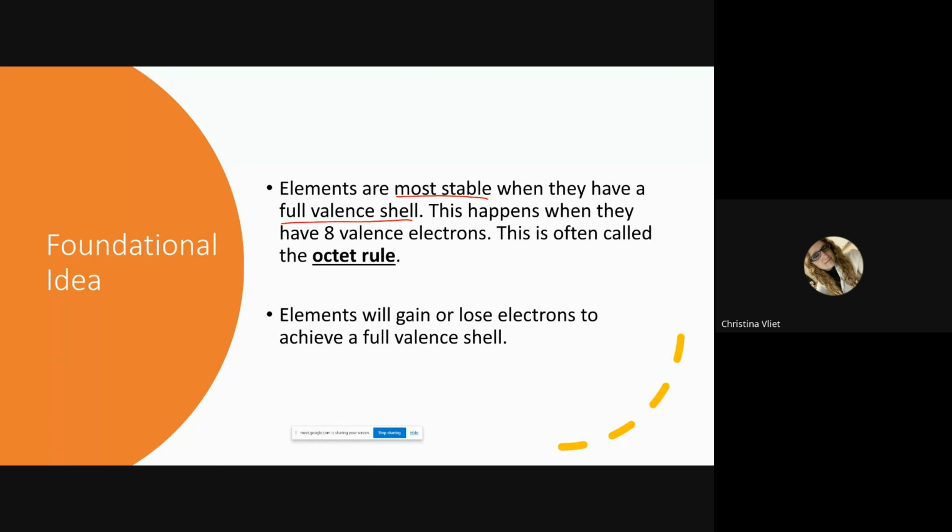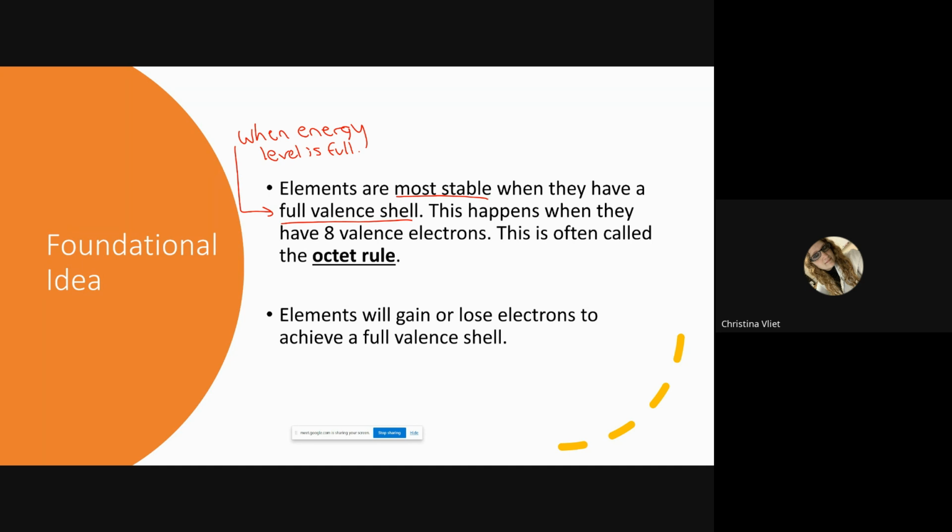This means when their energy level is completely full. This happens in a predictable place of the periodic table, actually. It happens when an element has 8 valence electrons specifically, and we often refer to this as the octet rule.